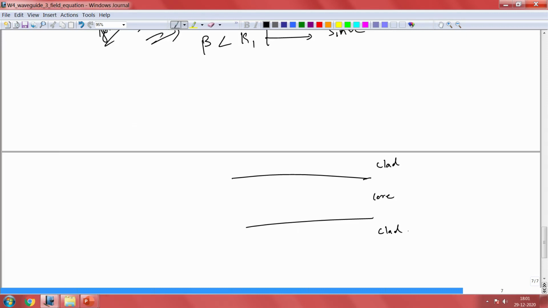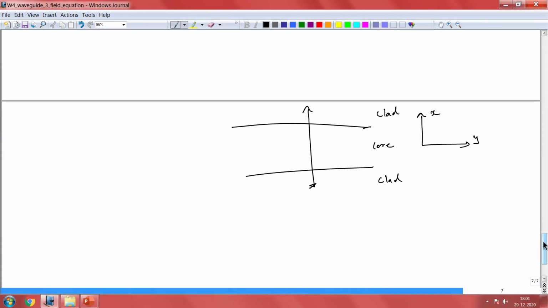So we define a simple core here. This is x and let us say this is y.